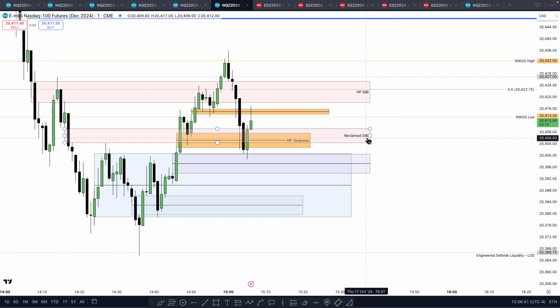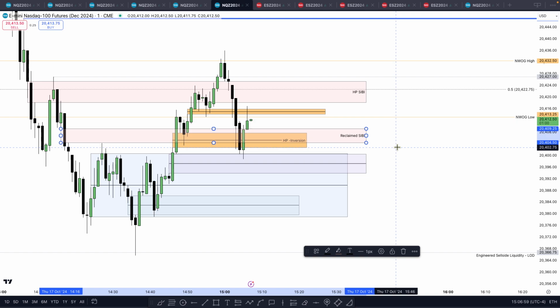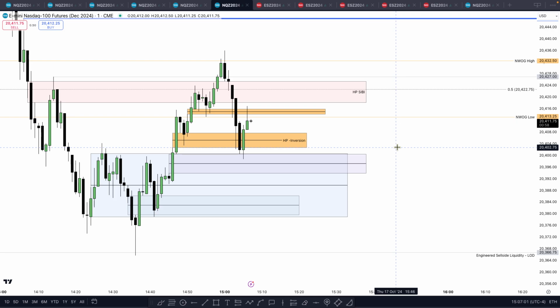This is about to come off my chart unless we dump now and come below it. Okay, this comes off my chart.